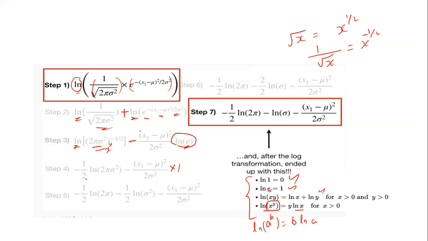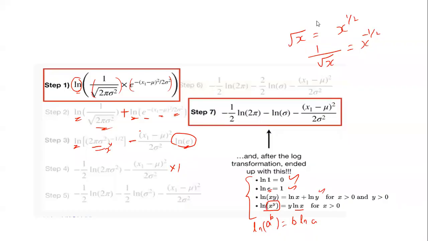So this can be written like this, minus 1 by 2 log of 2 pi, right, minus 1 by 2 log of sigma square. This is because of the equation log of xy is nothing but log of x plus log of y.